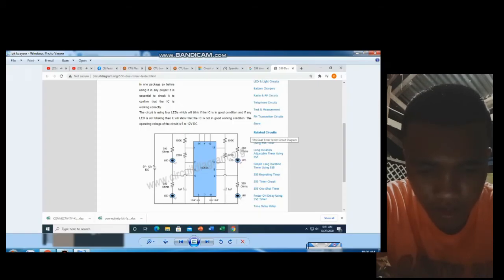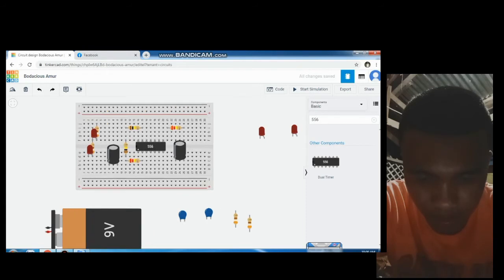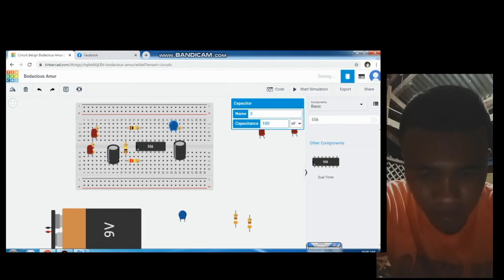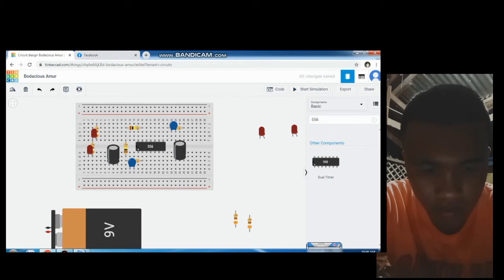Let's check again the circuit diagram. Okay, and the capacitor. Okay, and the other capacitor.